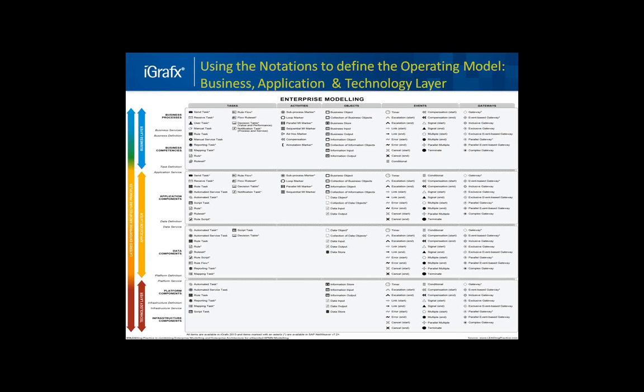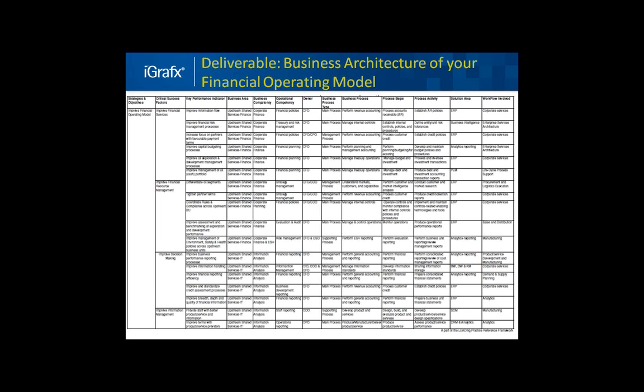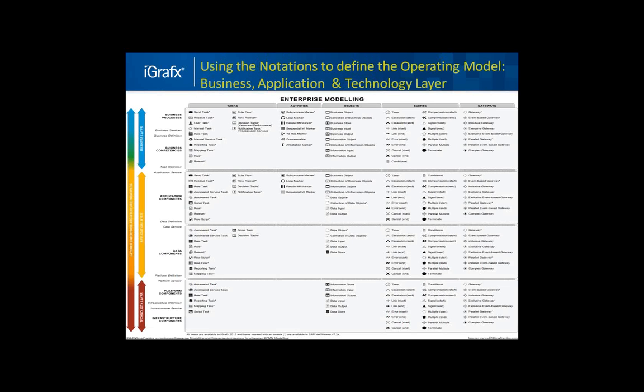In case you are wondering how to use this in your architectural layers, the notations, Mark has already shown you the picture I showed you beforehand. This one. This is done in an Excel sheet. He has shown how it looks in a notation. These notations that Mark showed, you can use and model. You can actually use it in your layered architecture approach. So in your business layer, you apply it to your business processes, your business services, your business definitions, your business competencies, and your task definitions.